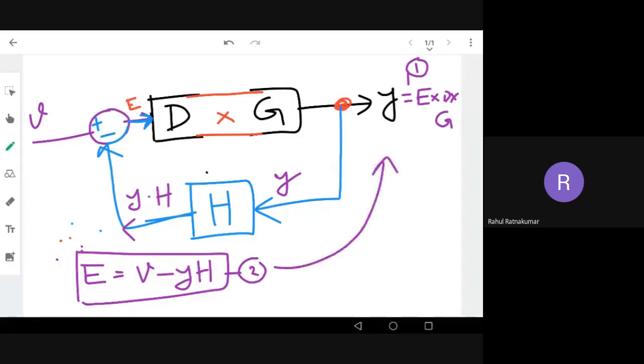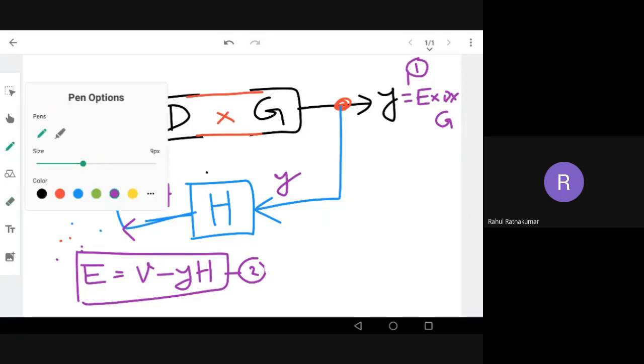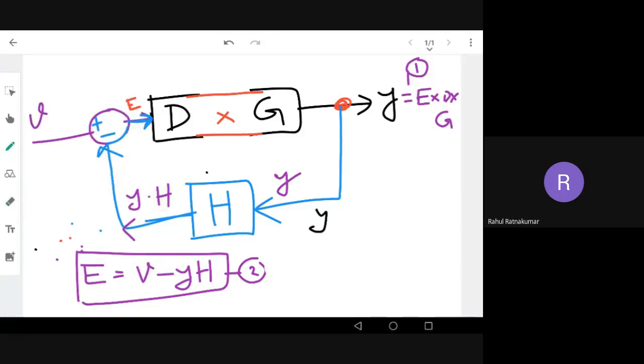So I will have something like: Y equals error, which is V minus Y into H, times DG, right? Now there are two Y's, so we can combine these two Y's together.